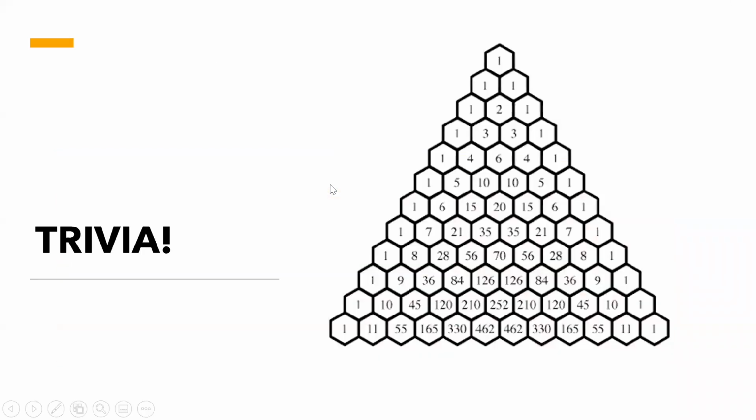Here's our trivia. This is a trick wherein we list all the favored outcomes. For example, if Desiree had chosen 3 children, the total number of outcomes is 1 plus 3 plus 3 plus 1 equals 8.